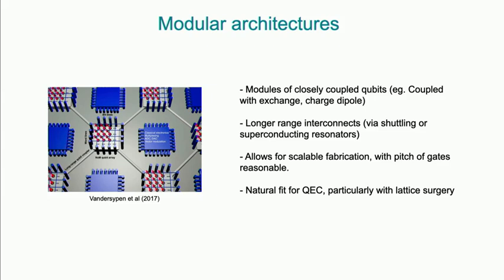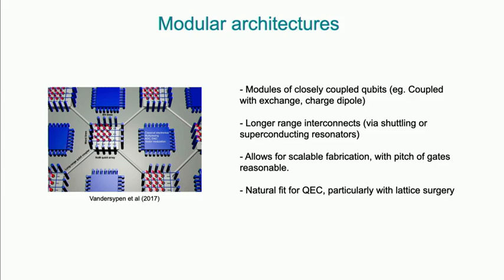If you had these types of much longer range couplings, you could then think about doing types of architectures that is sort of pictured here. I guess this is not much more than a schematic, but the idea is that you have modules of closely packed qubits, and they could be coupled with the types of mechanisms we've been thinking about, but then have much longer range couplings to another module.